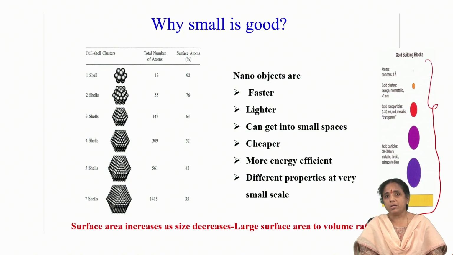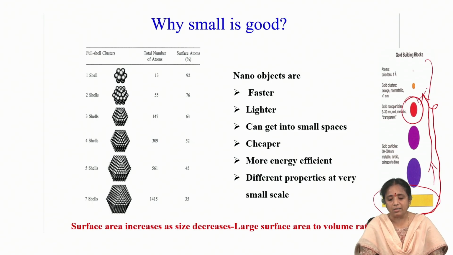By its macroscopic nature, when we look at a gold ornament, it always appears yellow. But if I start decreasing the size of the gold particles to the nanoscale, it starts appearing red in color. So at the nanoscale, an ornament will not appear yellow, but red.